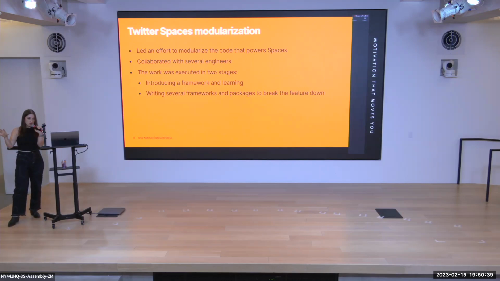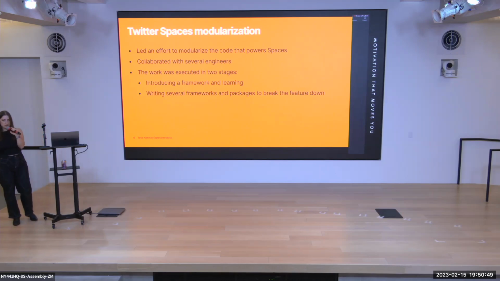So a quick version of what I did: there was a lot of code and a lot of complexity in one place. And so I ended up leading this project in two stages. The first stage was basically a Swift-only framework, and we had to use framework for certain things because not everything in the Twitter app was in a package.